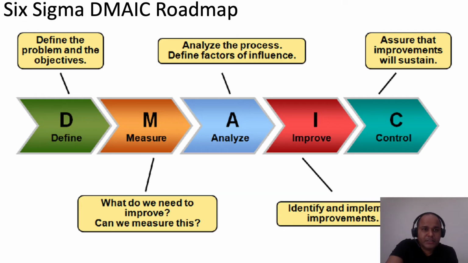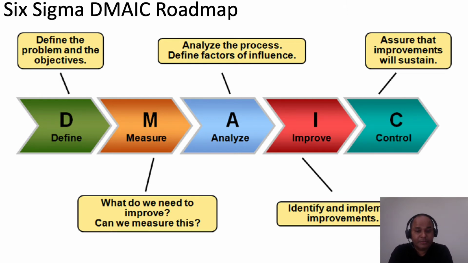Six Sigma DMAIC roadmap. What is the Six Sigma DMAIC roadmap? D stands for define. Define means define the problem and objective. There are 5 stages, so in the define stage, we define the problems and objective. We note down all these points.